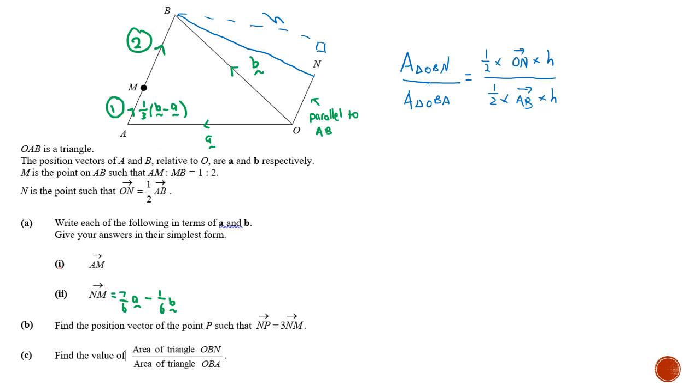Since ON equals half B minus A from the previous questions, and AB is equal to B minus A, ON over AB will simply be 1 over 2. And this is how we solve geometrical problems involving position vectors.